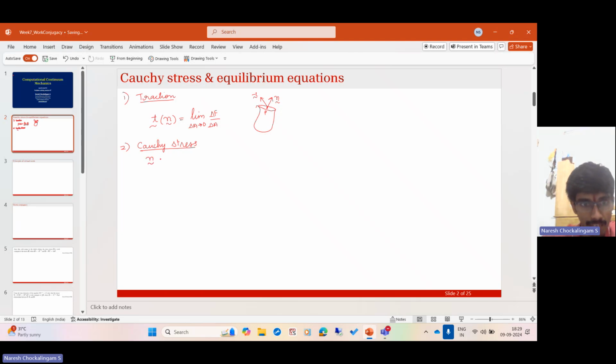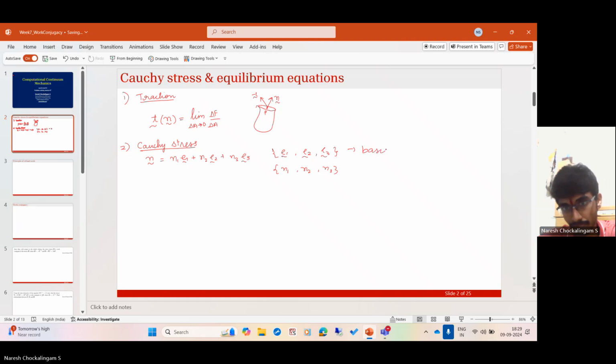So the normal can always be expressed as N1 E1 plus N2 E2 plus N3 E3, where E1, E2, E3 are the basis vectors, an orthonormal basis, and N1, N2, N3 are the components of this normal in this basis.